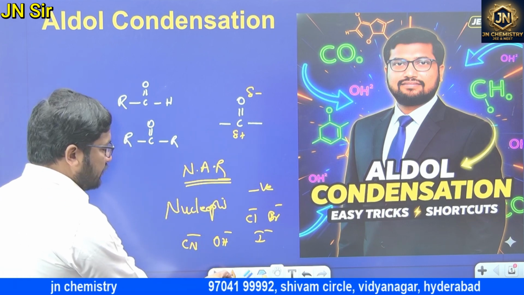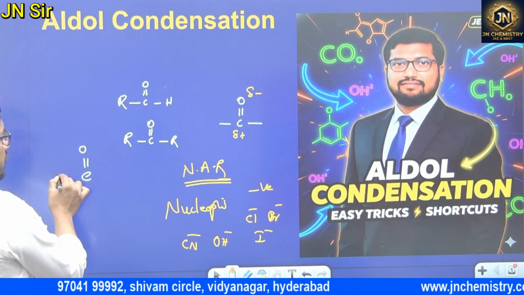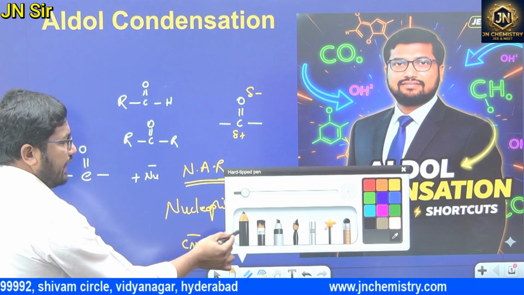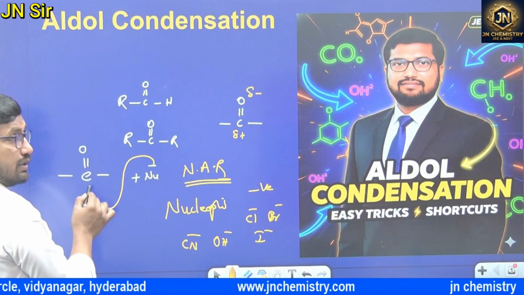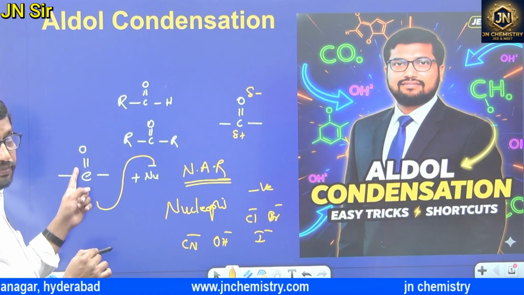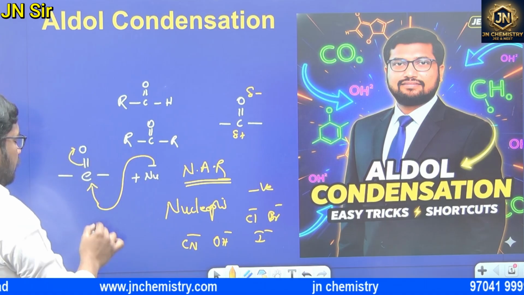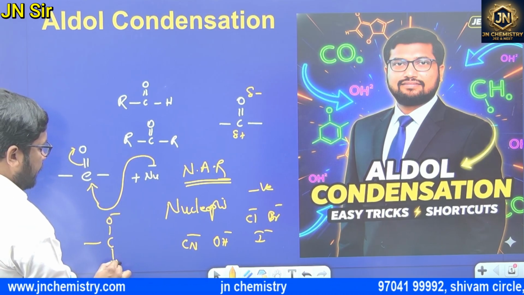For example, try to understand, C double bond O is there, and one nucleophile. Addition means just simply adding, nothing else. Because carbon has a partial positive charge due to the electronegativity difference, the nucleophile comes and attacks over here, so C double bond O will get O minus.